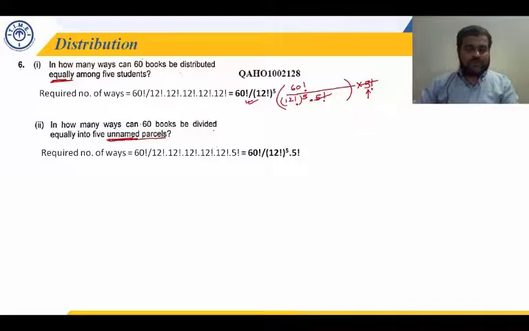So what will be there in this case? 60 factorial. In this case we just have to do the formation of parcels, but these are unnamed parcels, so they are identical. So therefore you divide by 5 factorial also. So in this case 60 factorial by 12 factorial whole to the power 5, and this 5 factorial should also be multiplied. Fine.